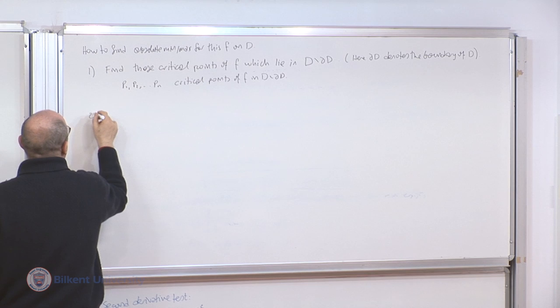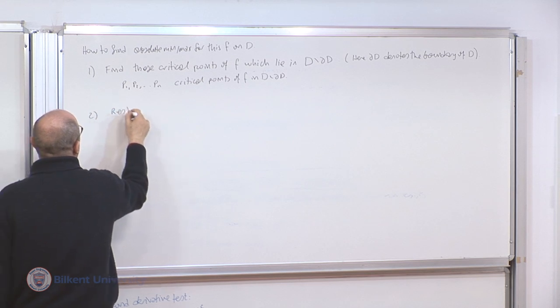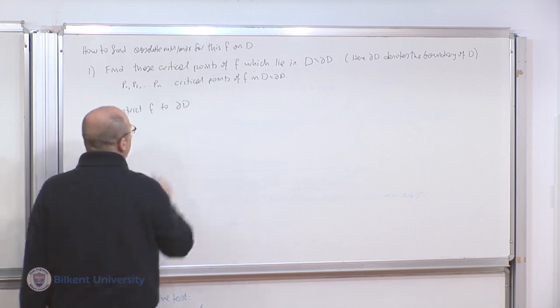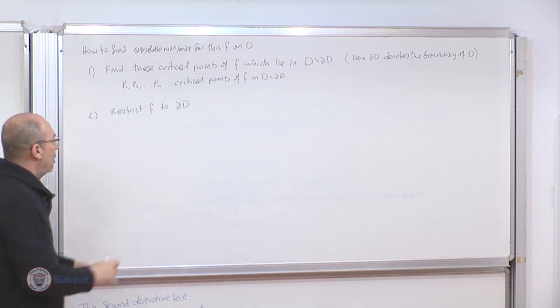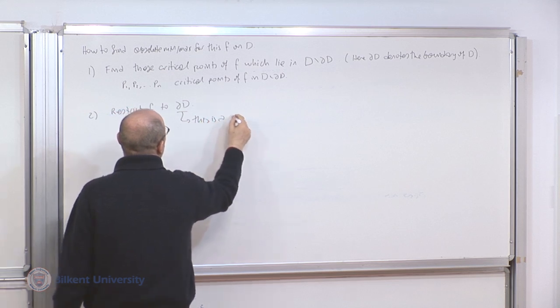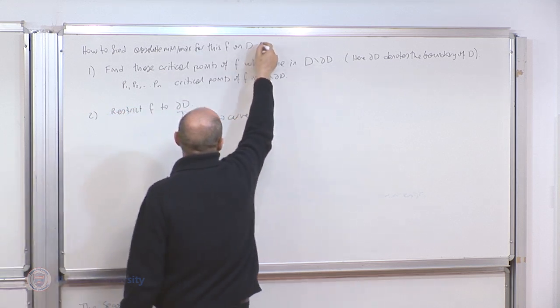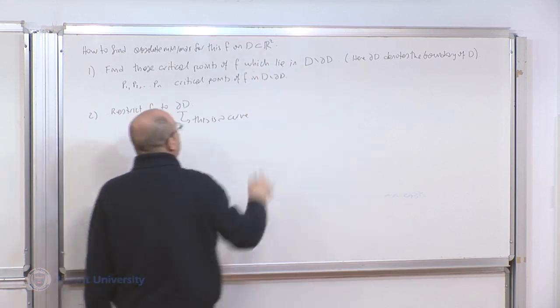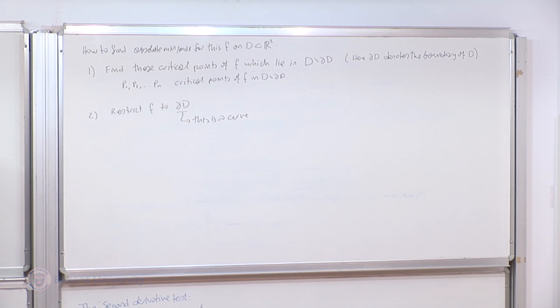Okay, next, restrict f to the boundary of D. So this is a curve. Remember that this follows from the condition that we are working in R2. If you have a nice region, its boundary is a curve.